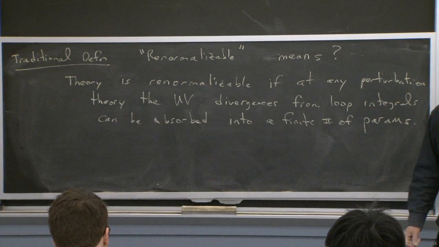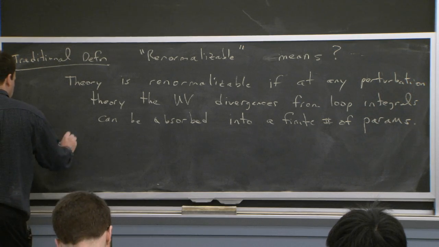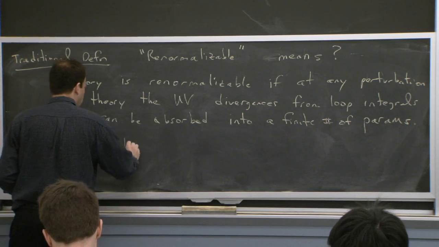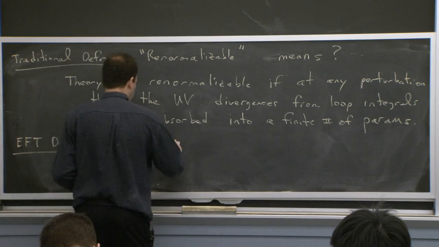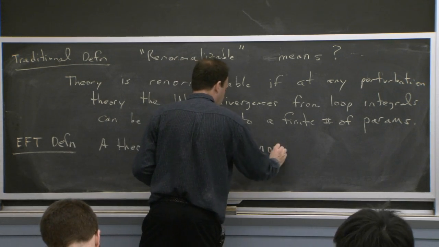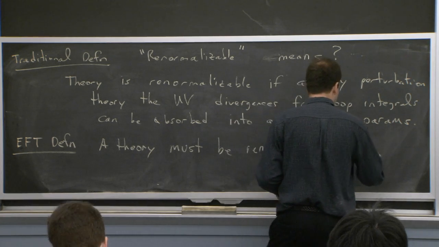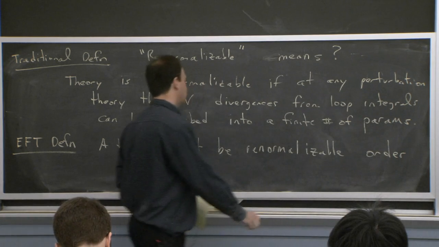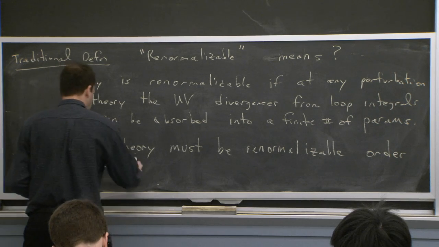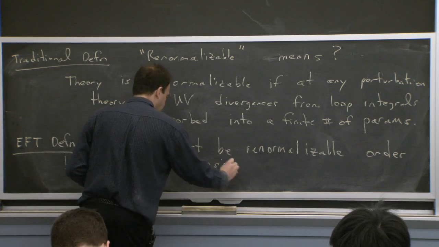What is the effective field theory definition of this? It's a little more general, because it brings in the idea of doing power counting. So the effective field theory's definition allows for the possibility of having an infinite number of parameters, but at any order that you truncate the theory, there should only be a finite number. So it says that a theory must be renormalizable order by order in its expansion parameter, or if there's more than one, its expansion parameters.